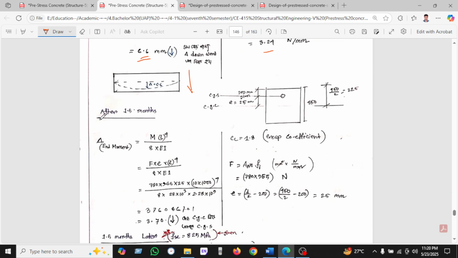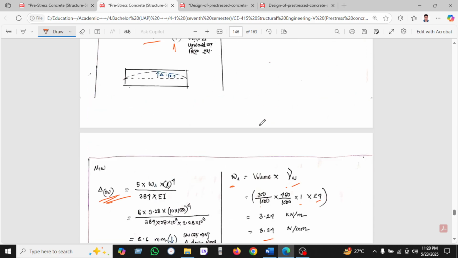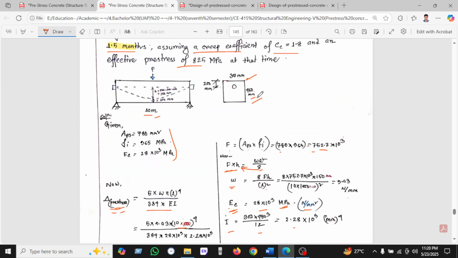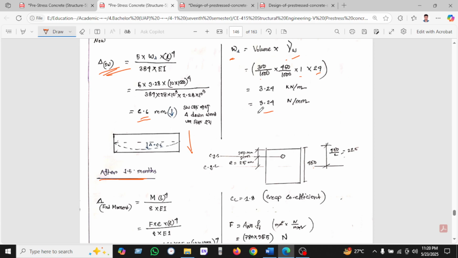And now we have to calculate after 1.5 months. We can see the cross section is given as 450 and 300, and the distance between the top and the center of the reinforcement is 200.